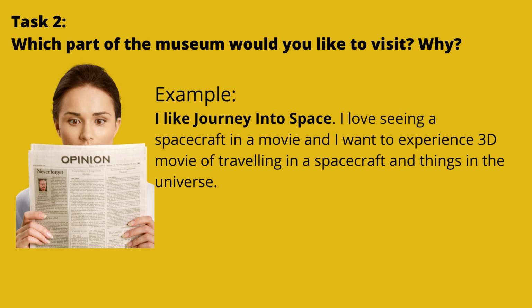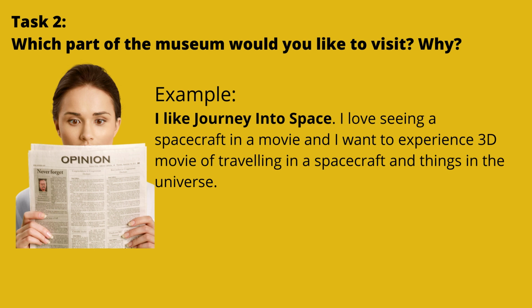Task 2. Which part of the museum would you like to visit and why? Let's look back at the reading materials. Read the museum guide. Basically, in the science museum, there are 5 parts.